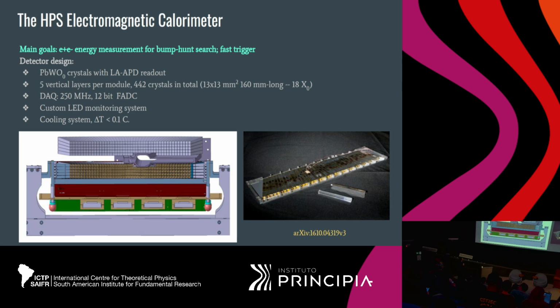There is also, which is interesting, a custom LED monitoring system that works as a calibration point for your calorimeter. As we will see later, what may happen is that due to radiation, due to the high intensity of particles impinging on these crystals, the crystals get damaged. What does this mean? This means that they do not transmit light as well as they did when they were new.